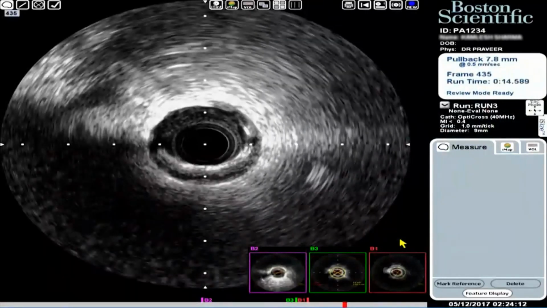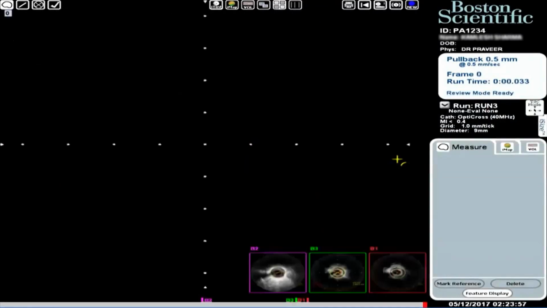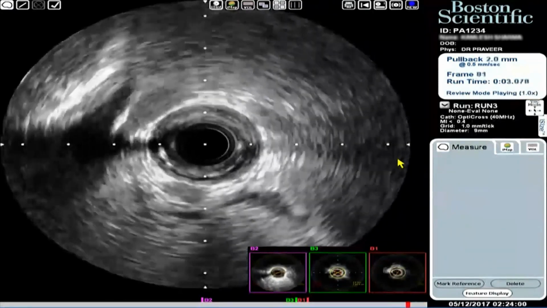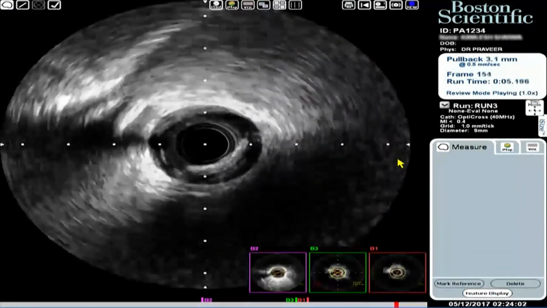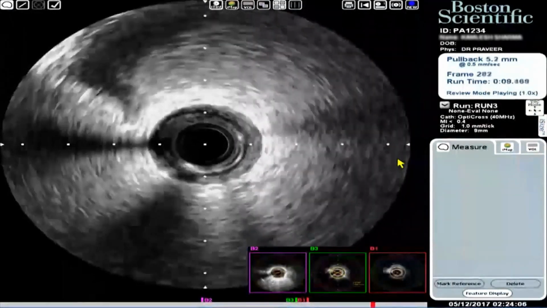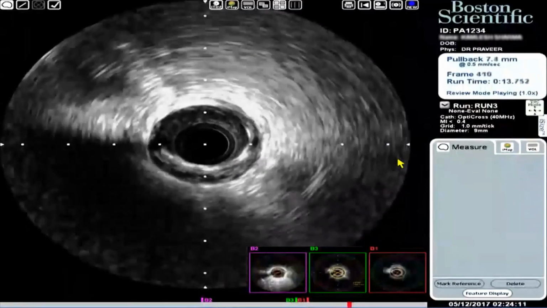You see, the distal vessel diameter appears about 2.25. There is a significant amount of fibrosis that you can see. And now here the stent comes.